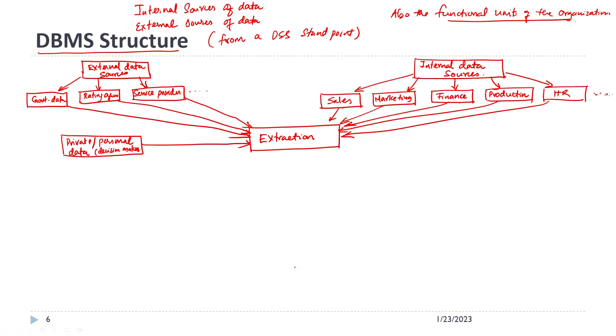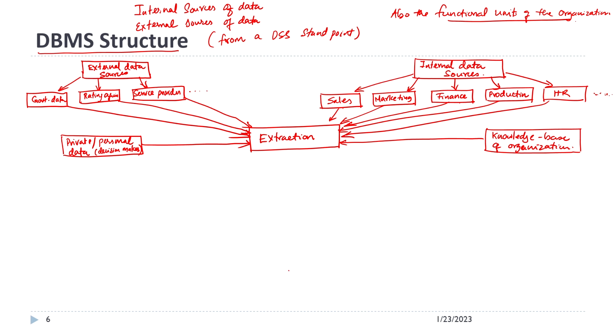So, the private or personal data of the decision maker is one other aspect, and then the fourth one is the knowledge base of the organization. Each individual knowledge base of the organization is also captured as part of this, right.